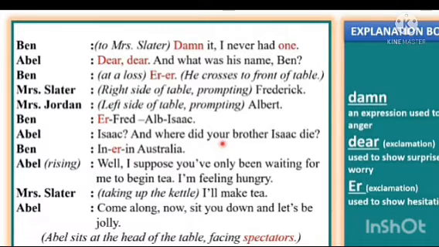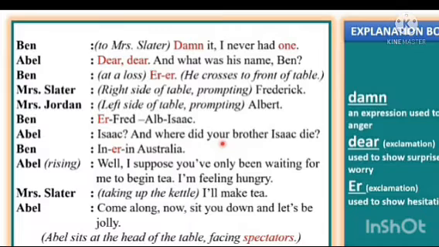But on the other side of the table, Mrs. Jordan said, Albert. So someone says Frederick, and someone else says Albert. Here he was in a dilemma. Which name should he choose?